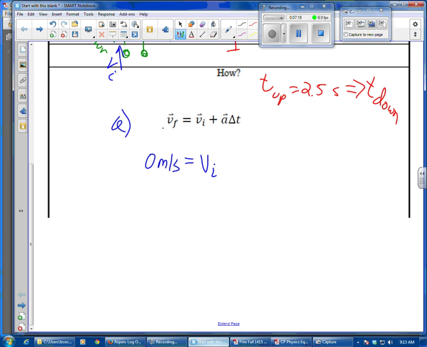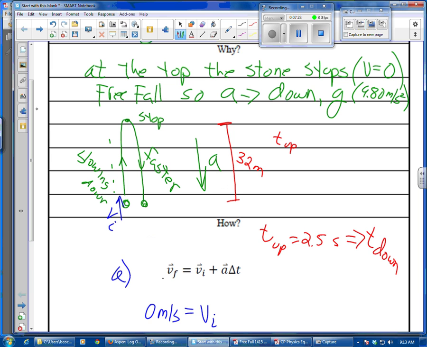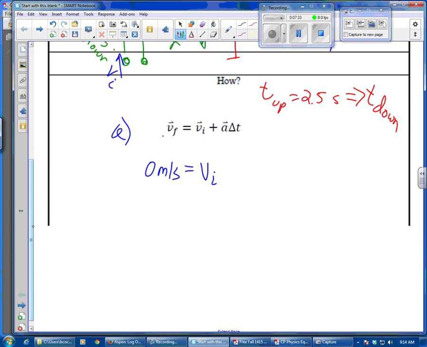Which way do you want to call positive, upwards or downwards? Upwards? Okay. So we're going to call upwards positive. So VI is going to be positive, now my acceleration's downward, so it has to be negative.